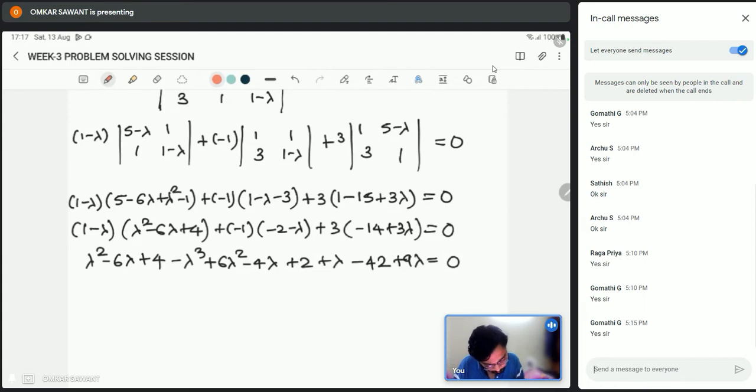So, we will take common, minus lambda cube, lambda square. Is it correct? Whatever I have written, is it correct?